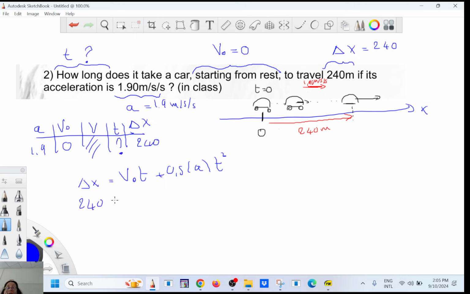So this one is easy. 240 equals initial velocity is 0, 0.5, acceleration is 1.9, and t squared. Agree? Okay, and then physics stops, and then you complain to your algebra professor.